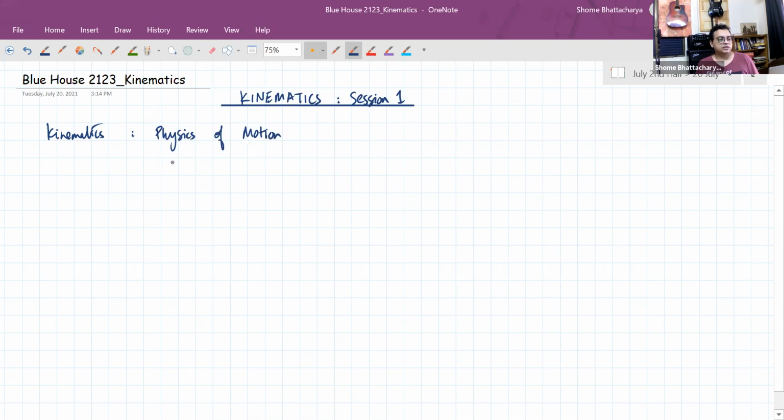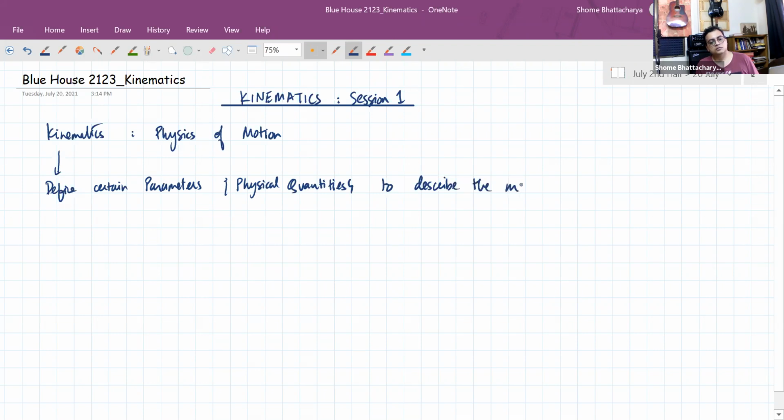So basically, in this what we do is we define certain parameters, or physical quantities, to describe the motion, and then develop the relationships between these.